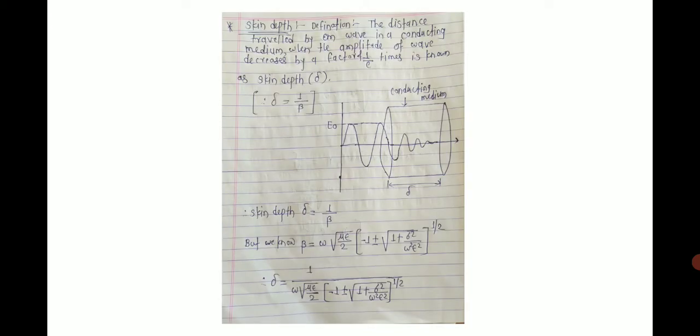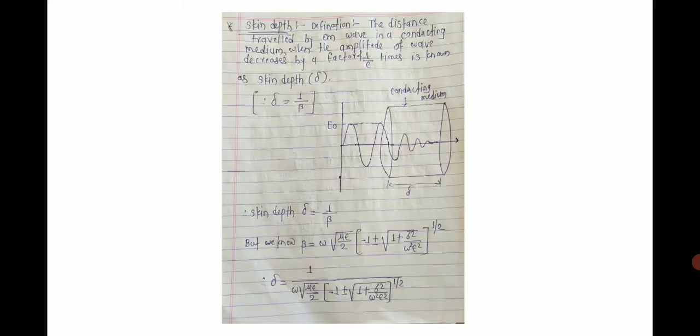In this term, 2 will be the numerator, and the bracket, minus 1 plus square root of 1 plus sigma square divided by omega square epsilon square, raised to half, will have its power sign changed, that is, raised to minus 1 by 2.